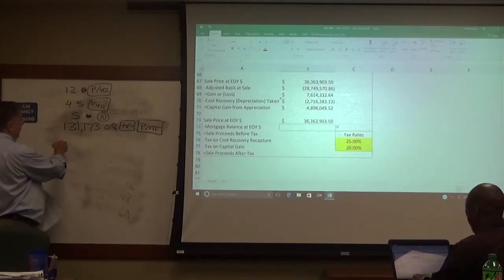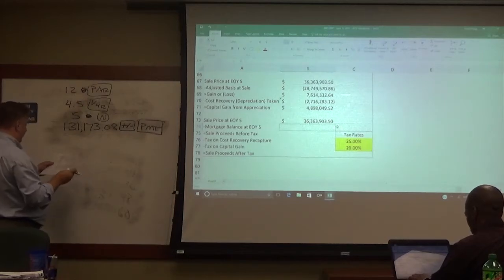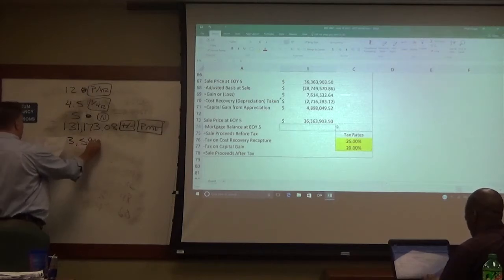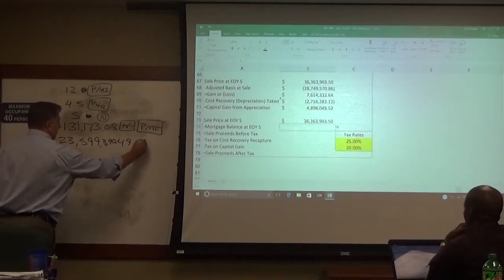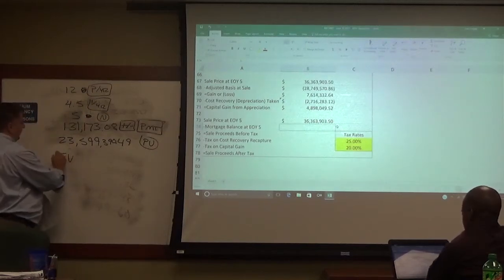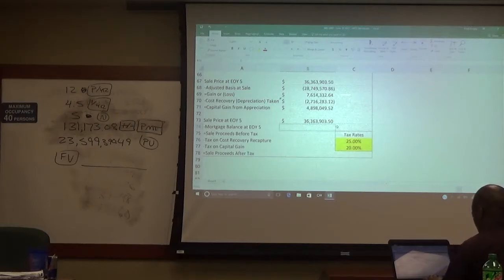But in order to do that, we're also going to have the actual present value, which in this case was the loan amount, $23,599,390.49, our present value. So we're going to be solving for the future value of the loan, or the loan balance after 5 years. Does that make sense, everybody? Yes or no? Yeah. Okay.